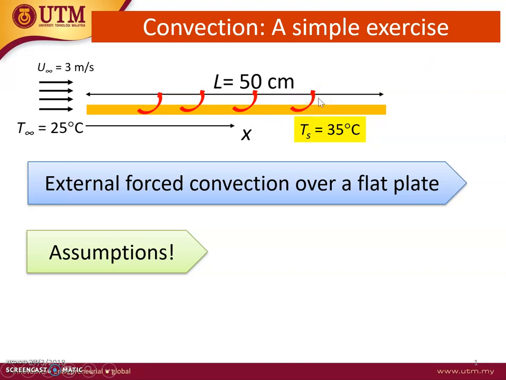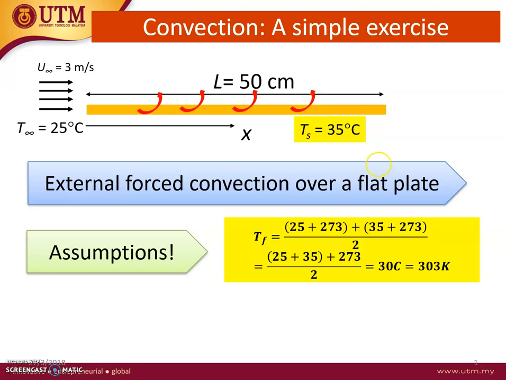And finally, constant thermophysical properties. You may obtain that at the film temperature. That is, with this assumption, you are assuming that the thermophysical properties along the flat plate during your heat transfer analysis is constant at 30 degrees C.